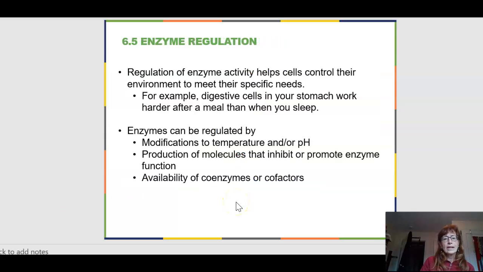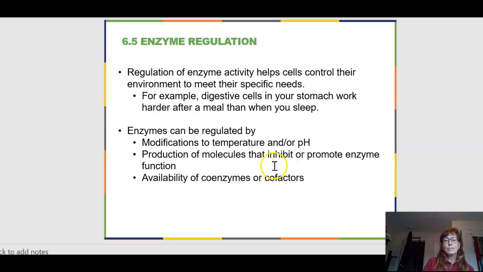Now, last, enzymes have to be regulated. Enzymes need to have certain things which are going to influence whether or not they are going to do a job. So we already said that enzyme shape, because they're proteins, can be regulated by conditions around them, such as a change in temperature or pH.